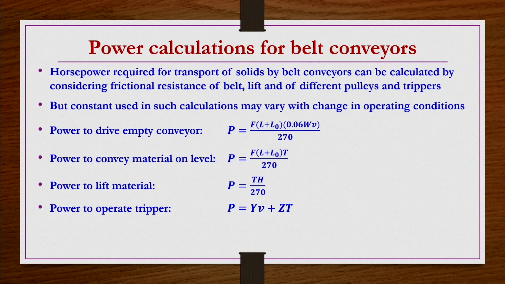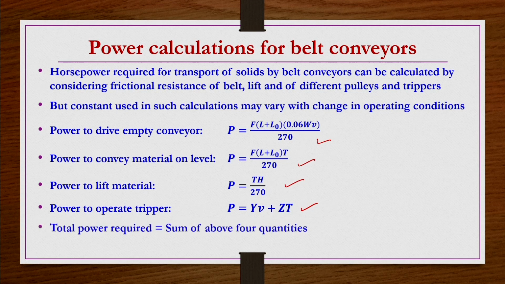Then, in order to operate the trippers, the power requirement is P equals YV plus ZT. So, if in a given operation you have all these components, then whatever power is obtained for the individual components from these 4 equations should all be added together, right.